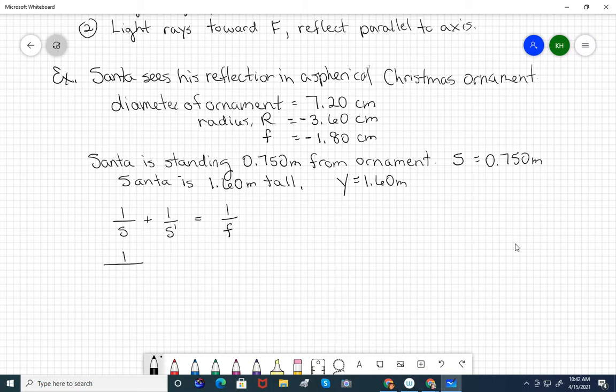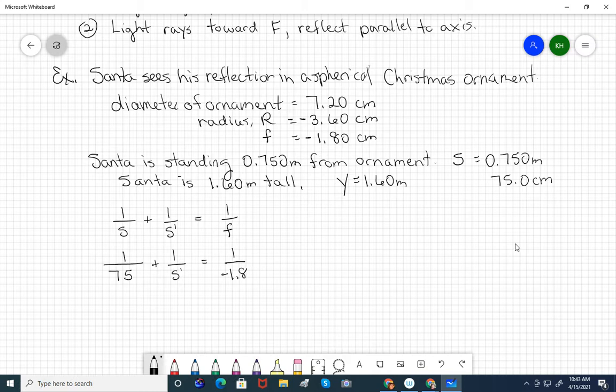The object distance is 75.0 centimeters. The focal length is negative 1.8 centimeters. We've got to pay attention: it doesn't matter whether we use distances in meters, centimeters or millimeters, but they have to be the same.